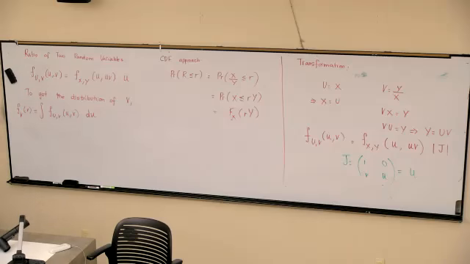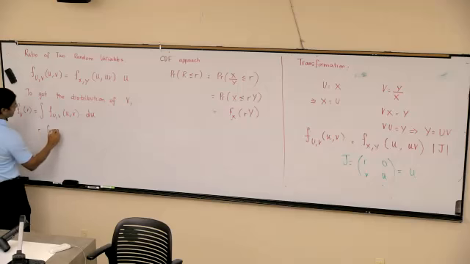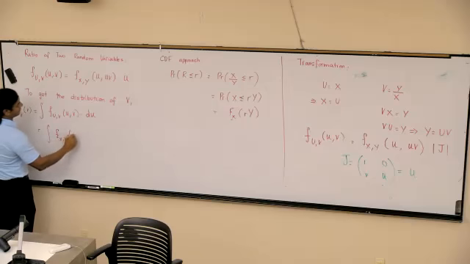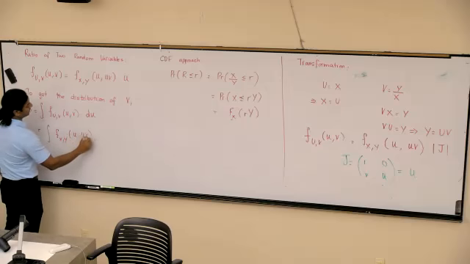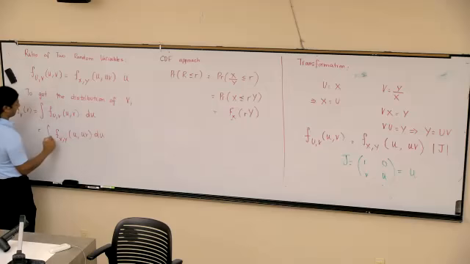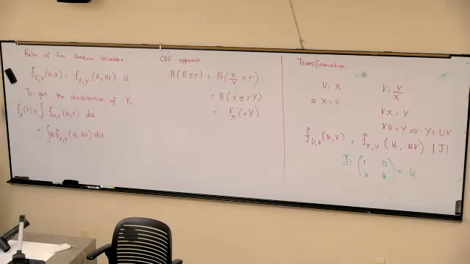So in general, I can write it that way. In terms of X and Y, this would simply be f of u, uv, du, and you have u.